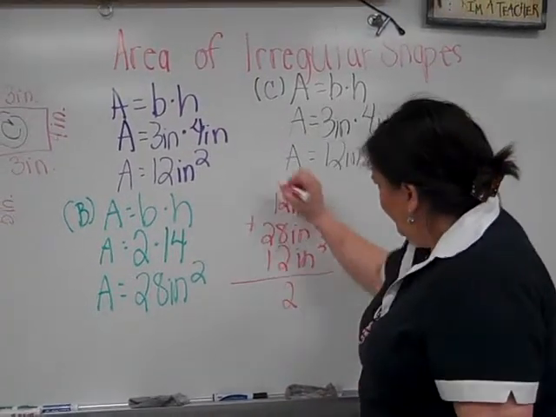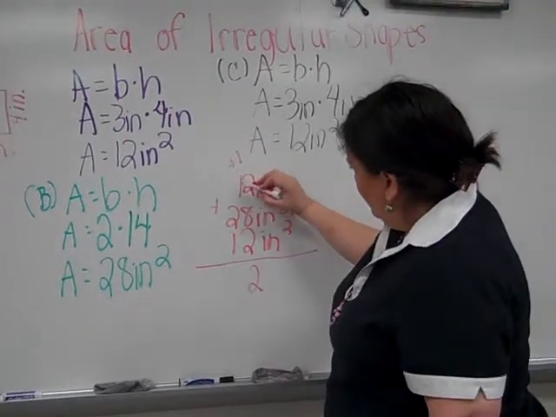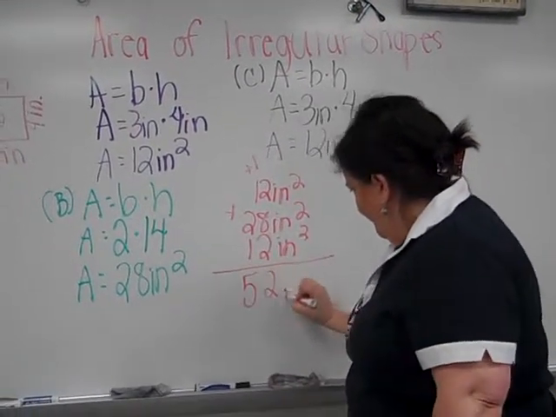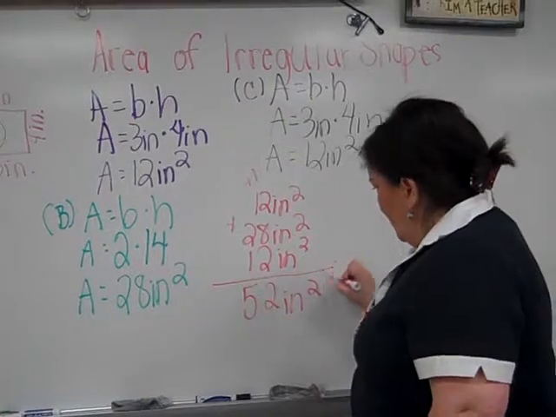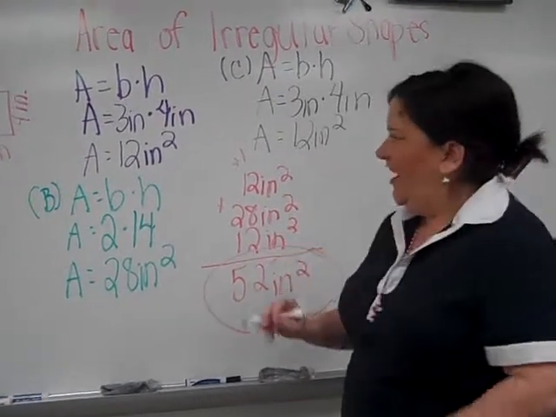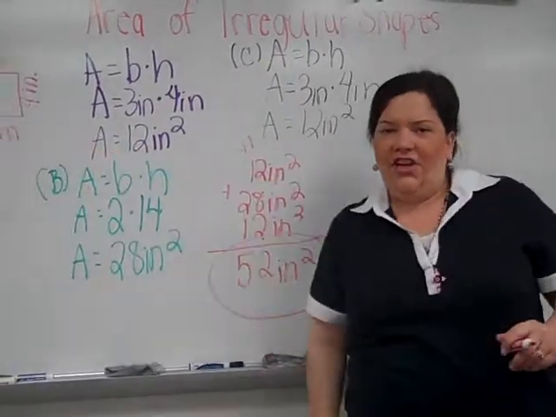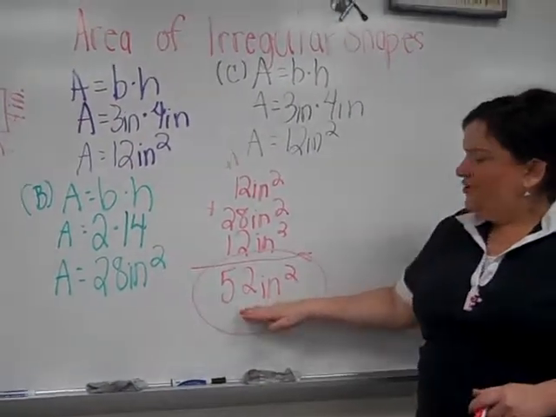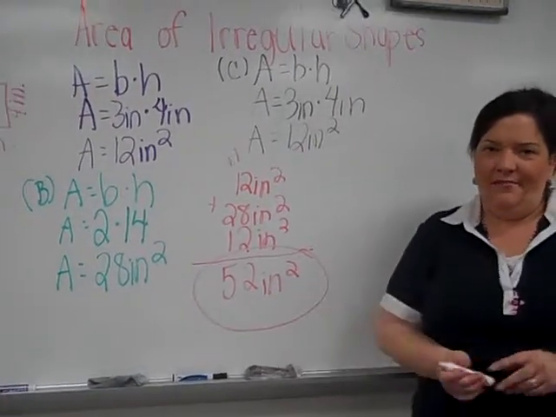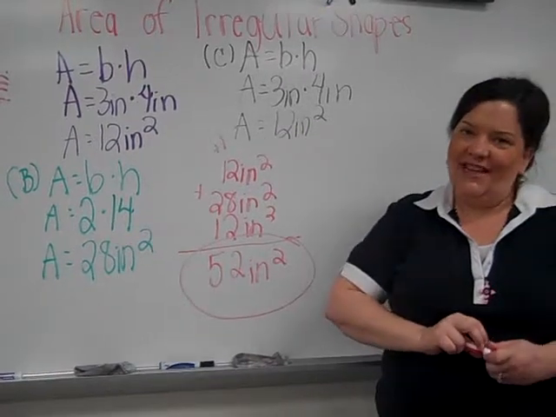So our entire area for our irregular shape is 52 inches squared. Let's try some more examples together.